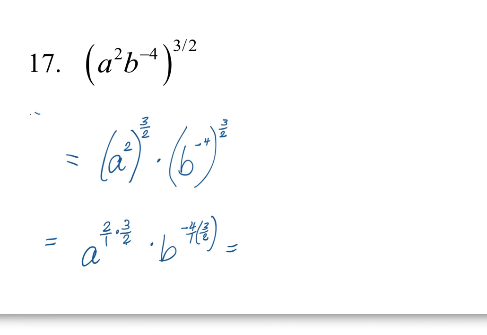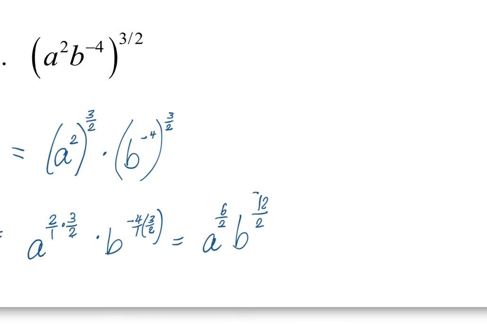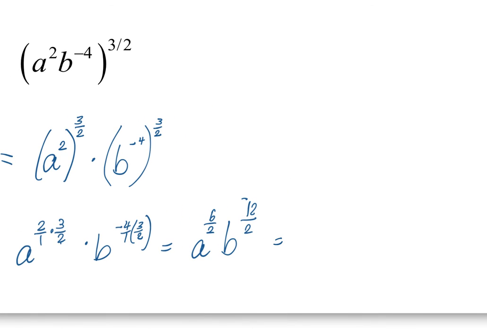To get a to the power of 6 over 2 and b to the power of -12 over 2. Simplifying that down, a is to the power of 3, b is to the power of -6, but since it's negative, I'm going to put it in the bottom and make it positive.